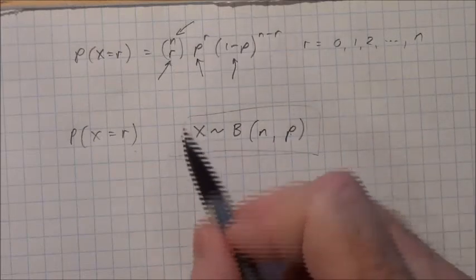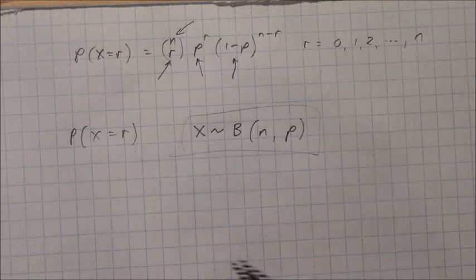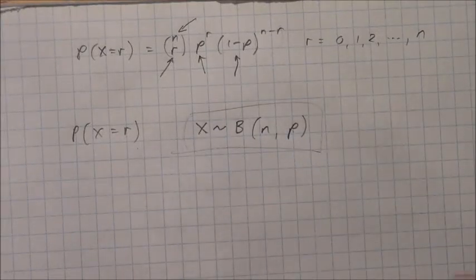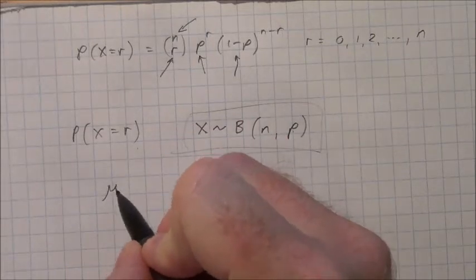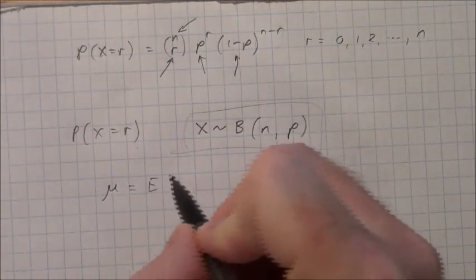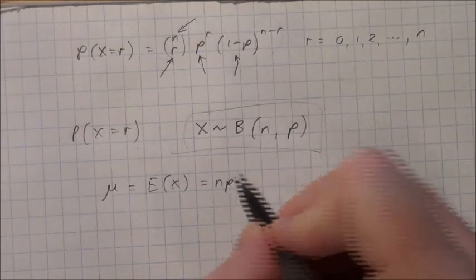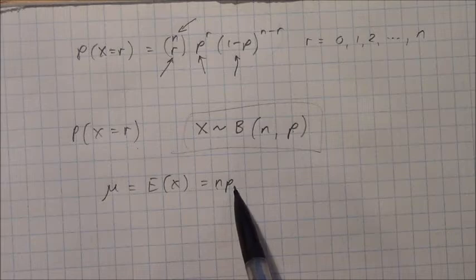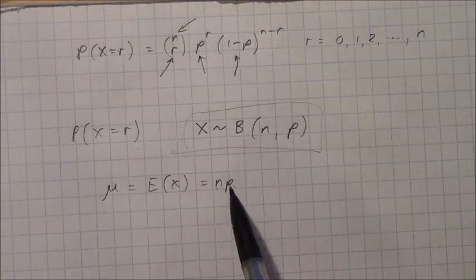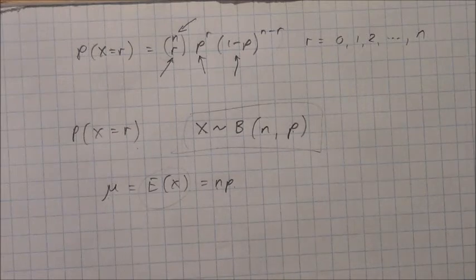That's how we will sometimes see it written. And of course, this falls into the expected or mean outcome of the experiment. The expected outcome, mu, as we saw last day, is just n multiplied by p. So the number of trials multiplied by the probability of success gives us the expected outcome, which is the mean outcome of the experiment.